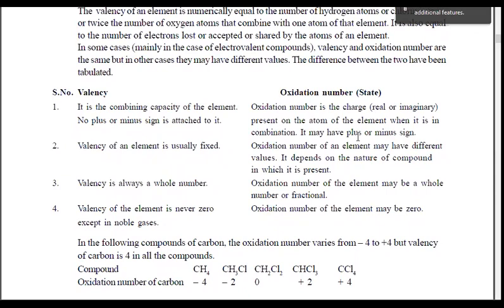Whereas oxidation number is the real charge, which is either plus or minus. Now valency is usually fixed, but oxidation number can change. As for formal charge, there's no difference between formal charge and oxidation number. You can just say that formal charge is oxidation number.